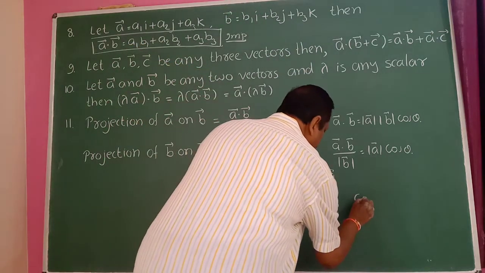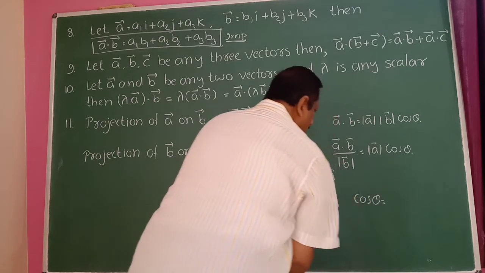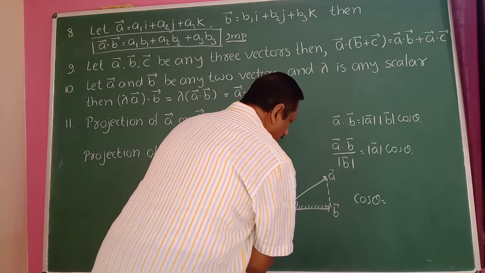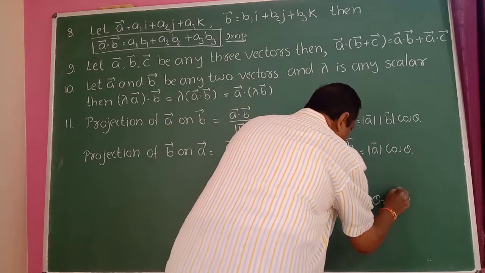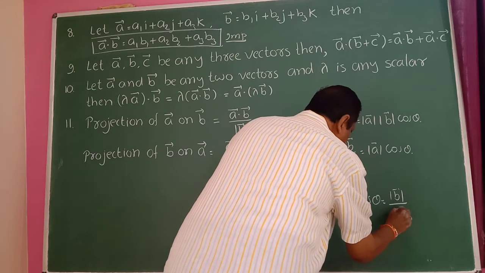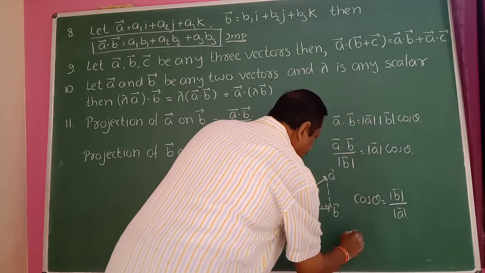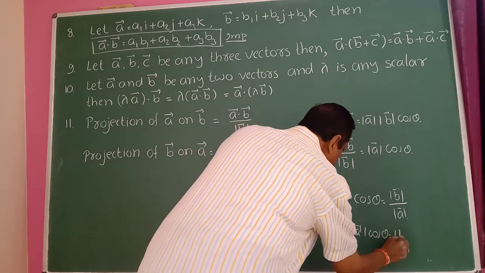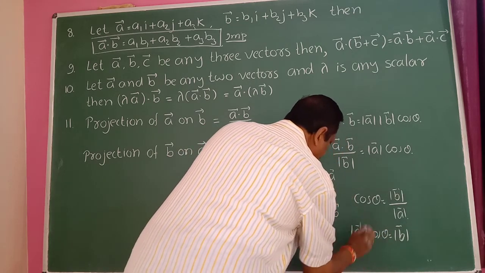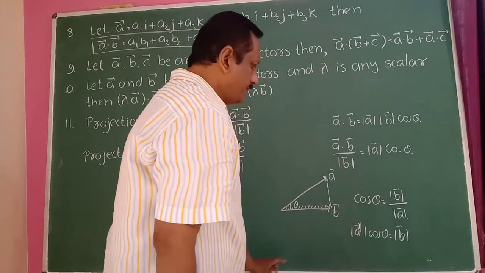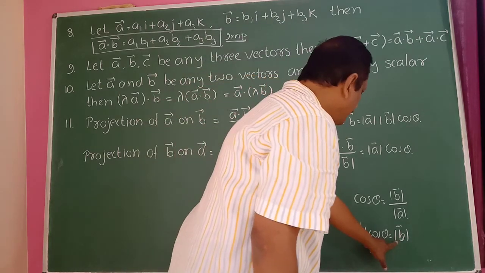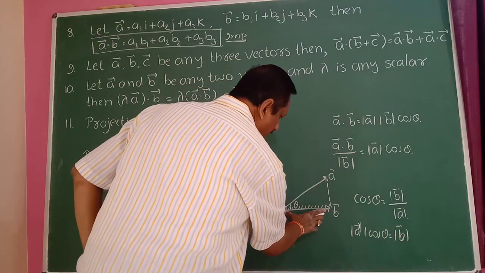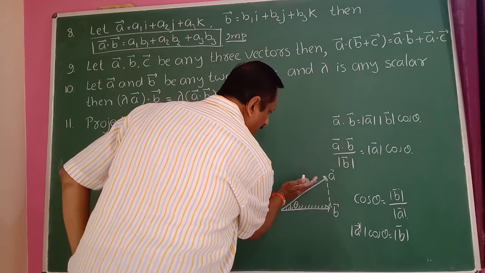Cos theta is adjacent divided by hypotenuse, so therefore this side divided by modulus of A bar. Take modulus of A bar this side. Hence, modulus of A bar into cos theta is equal to this side. Hence, this is the projection of vector A bar on the vector B bar.